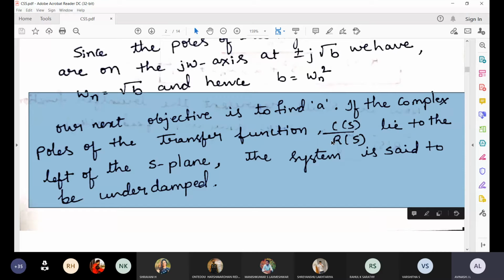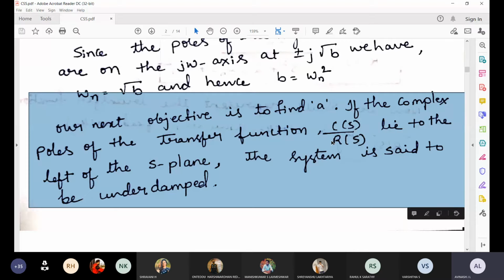This is one of the conditions we are considering. Similarly, if the complex poles lie to the right of the S plane, it is called overdamped. If they exactly lie on the axis, it is called undamped.